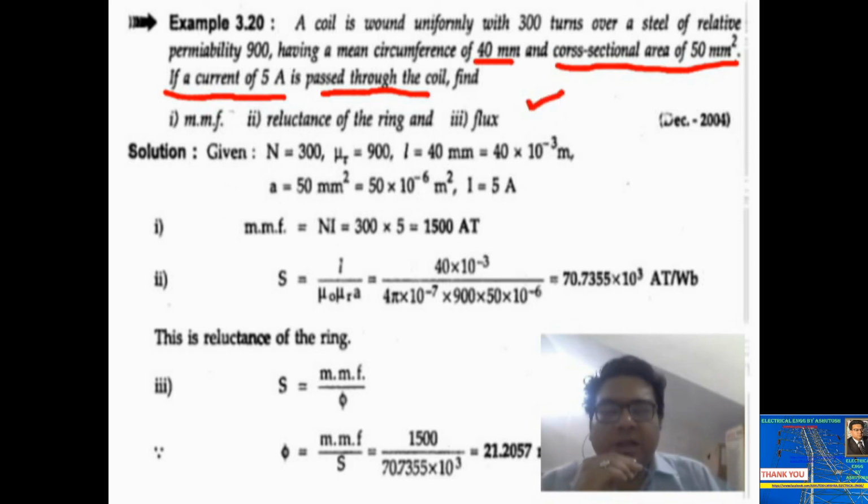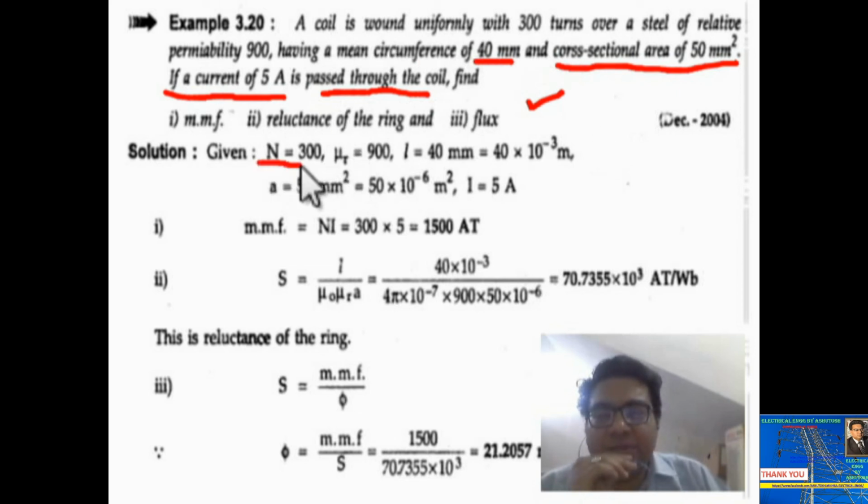So guys, whatever parameters are given over here, we will just note them down. What is given? There is a coil of number of turns 300.